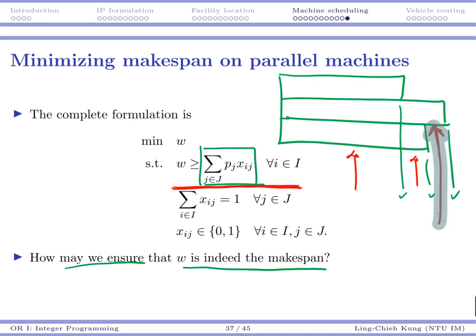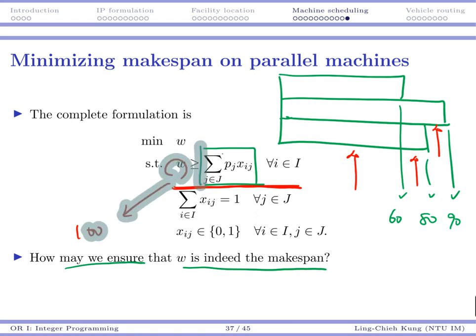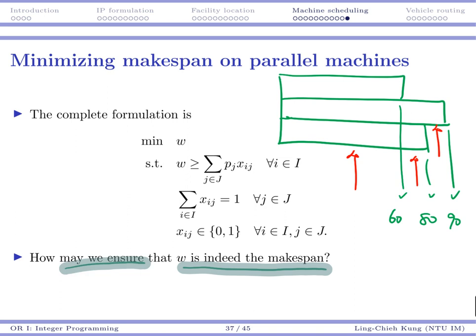Well, probably you would say no, because if all these machines finish at 60, 80, and 90, we could set W to be 100. It still satisfies all these constraints, right? So maybe you would be confused about why we say this is a complete formulation.